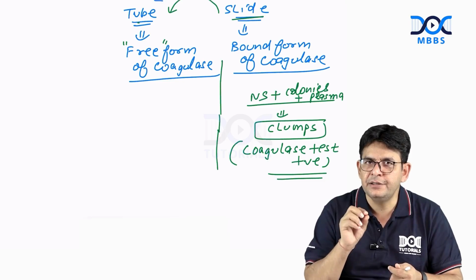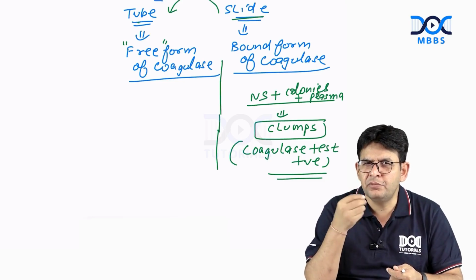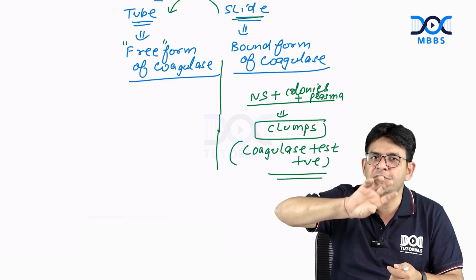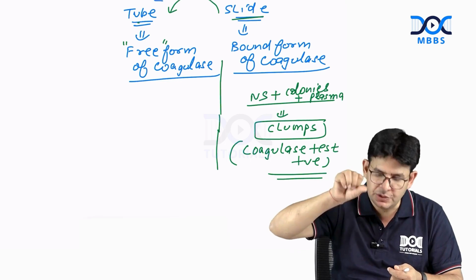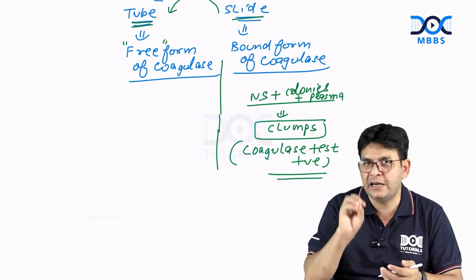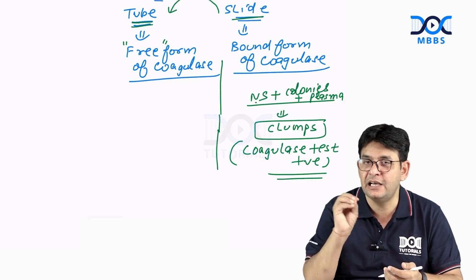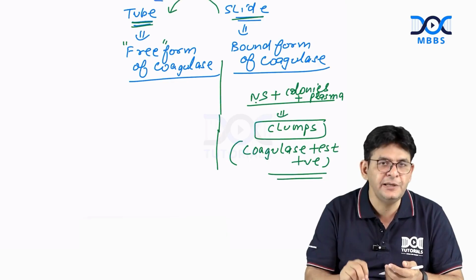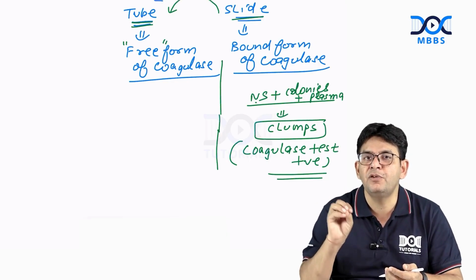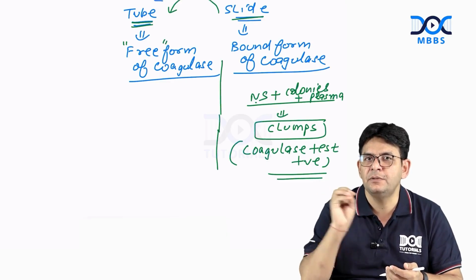After about 2 hours, when you tilt this broth, it will be solidified. It will not come out. So this is the logic which applies in the tube coagulase, because there is a factor, the coagulase reacting factor CRF, which is free. That is determined by the tube. And the slide one is regarding the bound form of the coagulase that is in the cell wall.